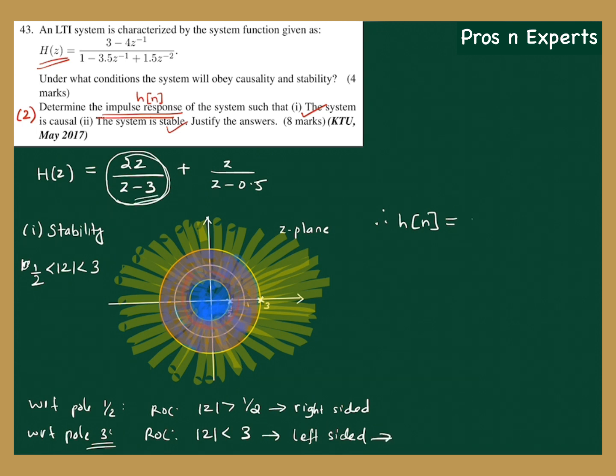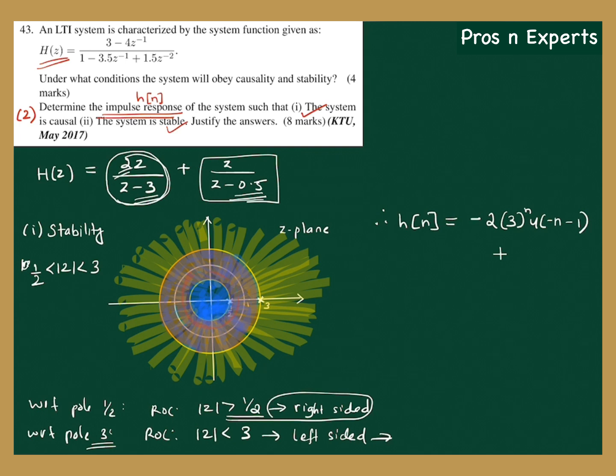So minus 2 into, there's a 2 here, and the inverse transform of z by z minus 3 is minus 3 raised to n u of minus n minus 1, plus, and now finding the inverse transform of this term, the pole is 0.5, so for pole 0.5 this is a right-sided signal, so 0.5 to the power n u of n. So this is the impulse response when the system is stable. Okay, the first subpart is over.